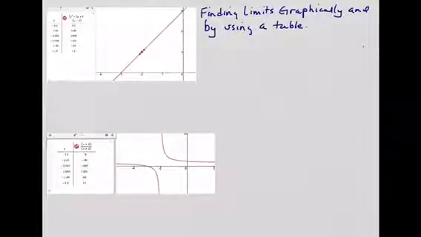Hi everyone. Today we're going to take a look at some limits, both graphically and by using a table. You can see that I have included a couple graphs that I made through Desmos, and both this function here, as well as our function here, have x plus 2 in the denominator.